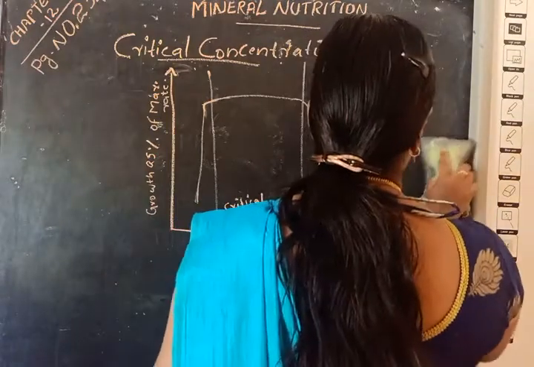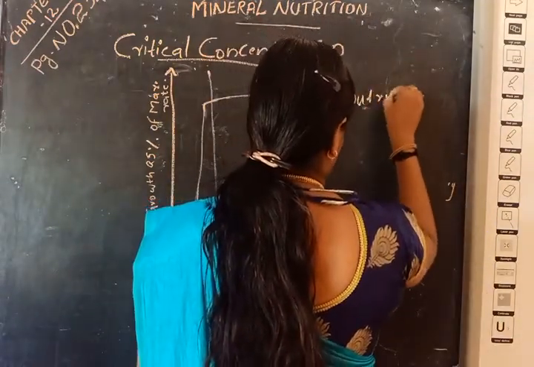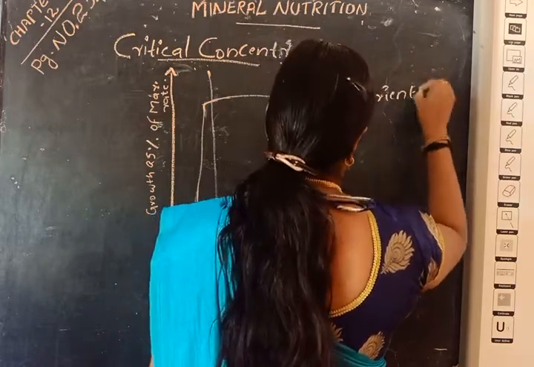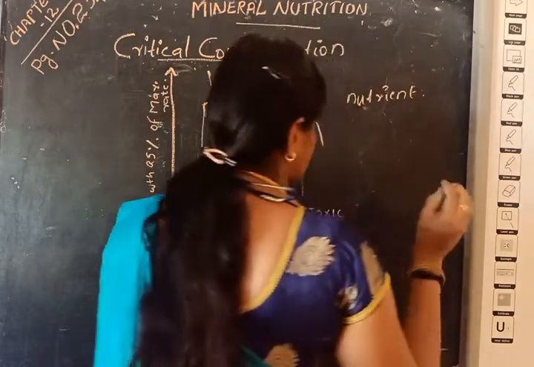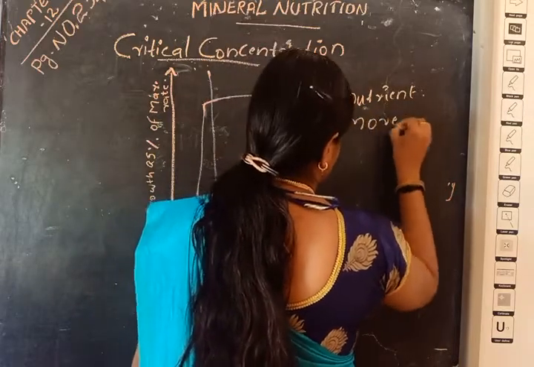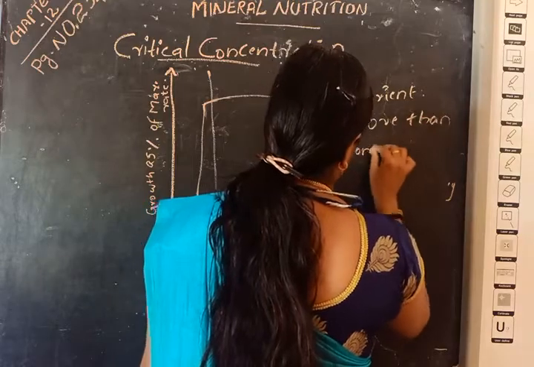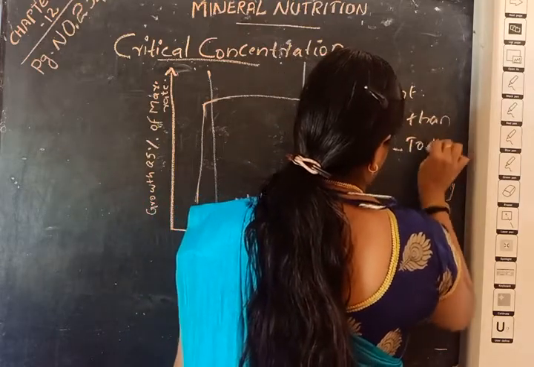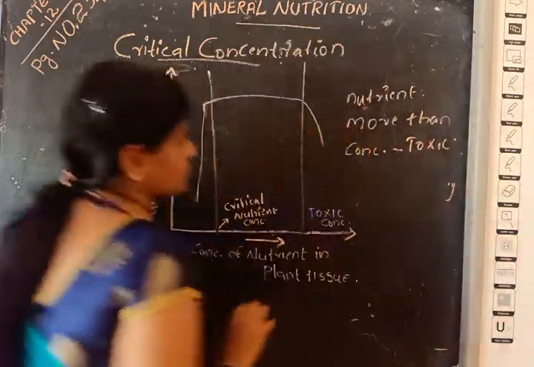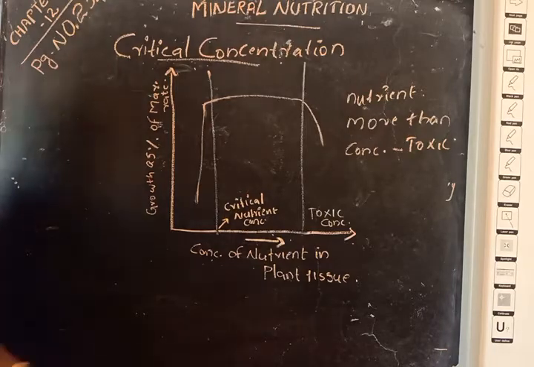So nutrients less than normal concentration show deficiency. Nutrients more than normal concentration become toxic.